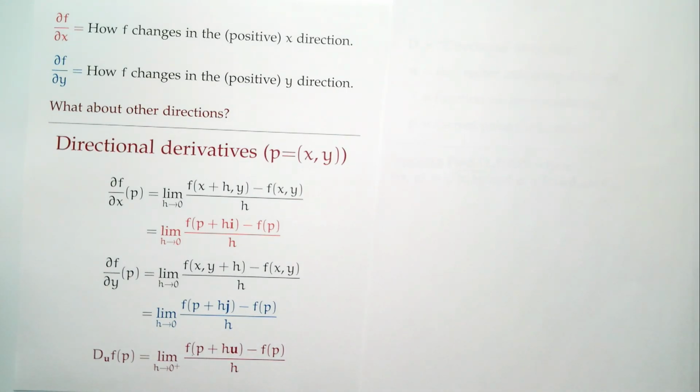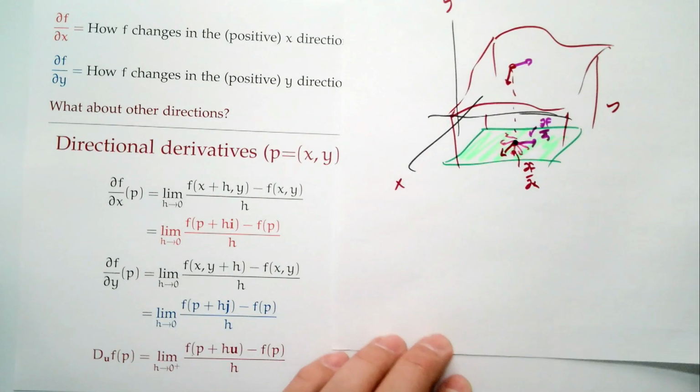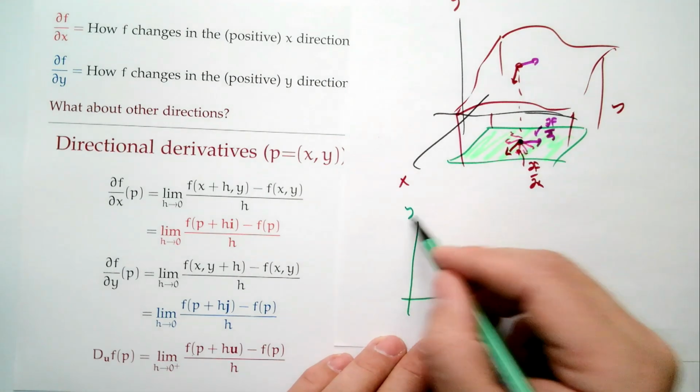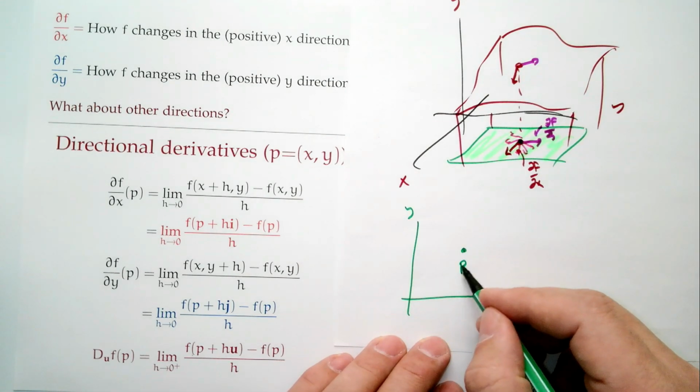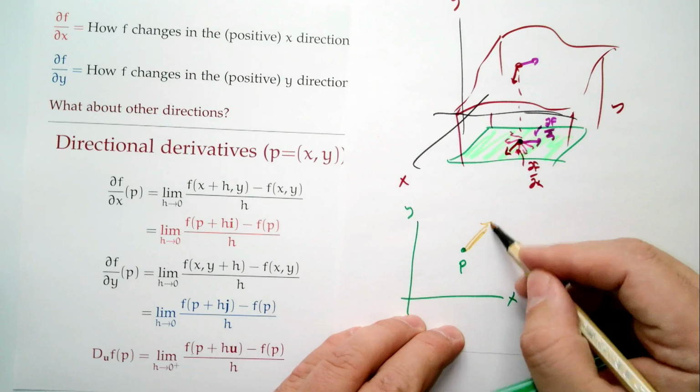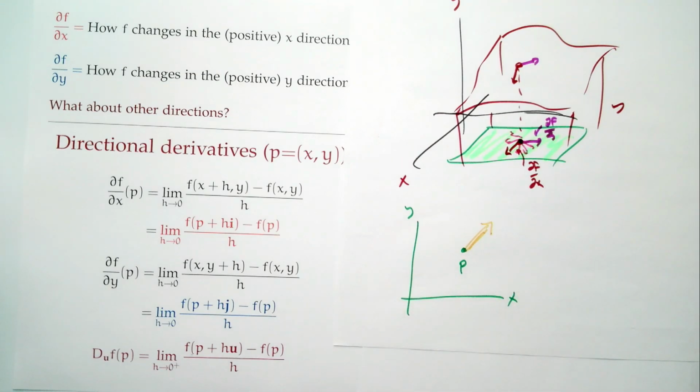So how do you interpret that? Well, if you think about it in terms of your input, so let me put this picture back up here. So here's my inputs, my x, y plane. Here's my point P. So if I want to take my derivative in a particular direction, let's say I want to go off in this direction here. So if that's my direction, well, the way we think about direction is we think about direction as a unit vector.